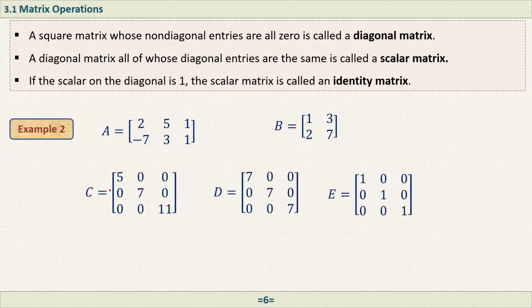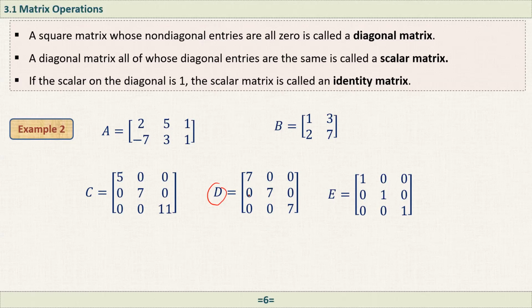All right. These are just simple definitions. A square matrix whose non-diagonal entries are all 0 is called a diagonal matrix. If you look at this, for example D, it is a diagonal matrix because all the entries which are not in the diagonal are 0.